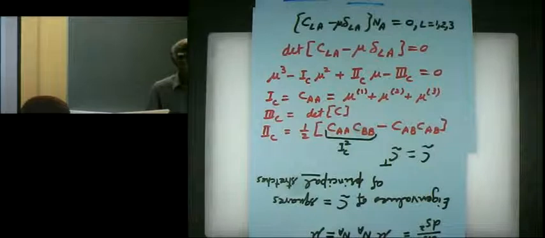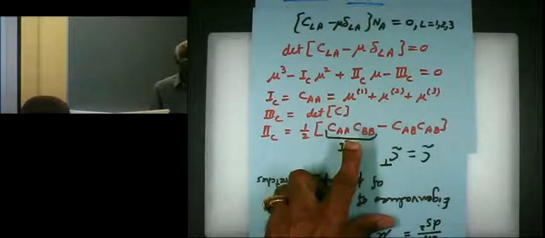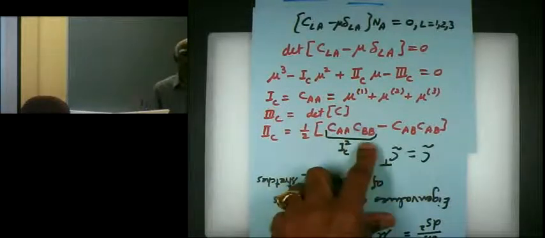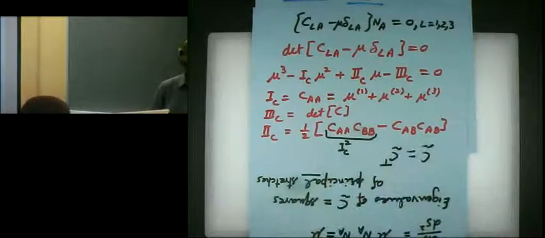No. CAA is C11 plus C22 plus C33. CBB is C11 plus C22 plus C33. And this one is the sum of the nine terms. A is a repeated index. There is no free index. So these are not equations, these are quantities.